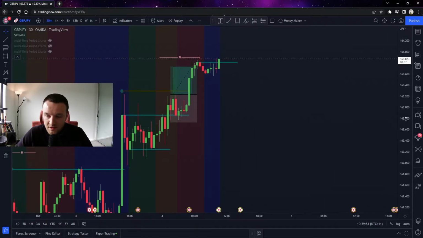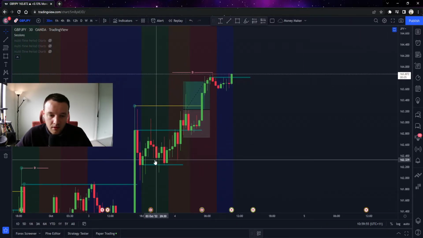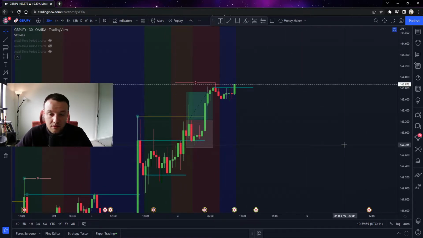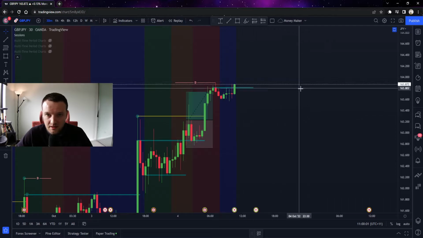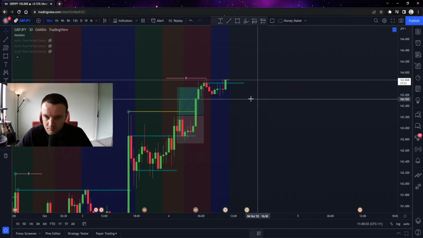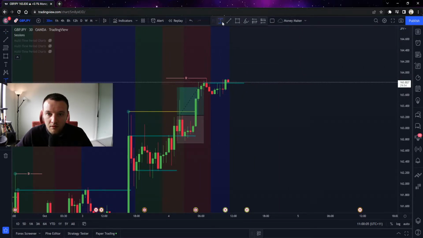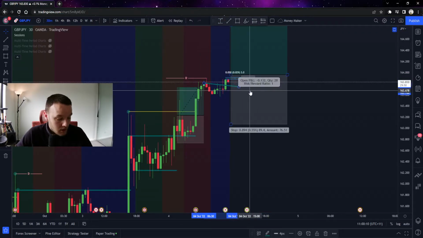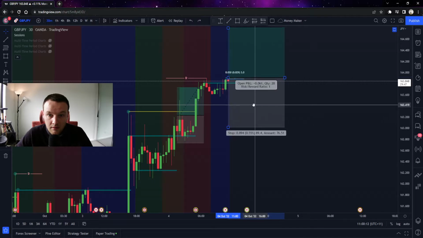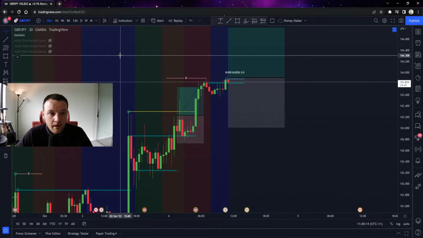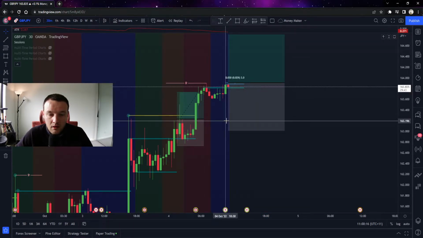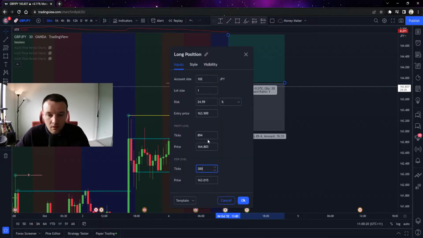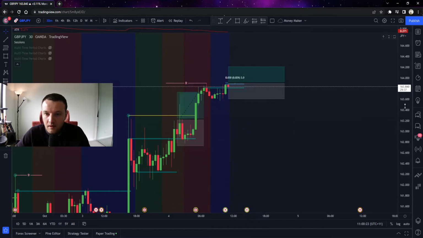But I don't trade Asian session. I only trade pre-London, London, pre-New York, and New York. So I wouldn't be looking for buys here, but there's a very high chance now that this will continue up. At this point, if you make a bottom wick right here, which we have, and then you put your buys right here, and we look at around about a 30 pip stop and take profit here.